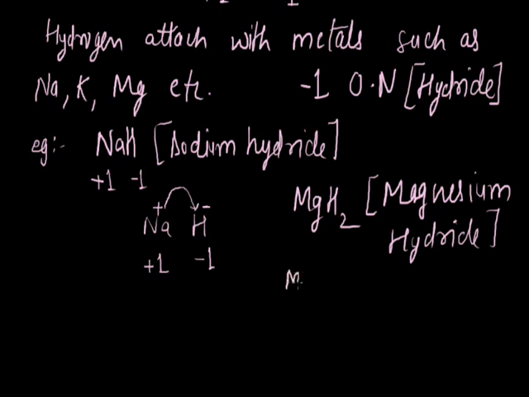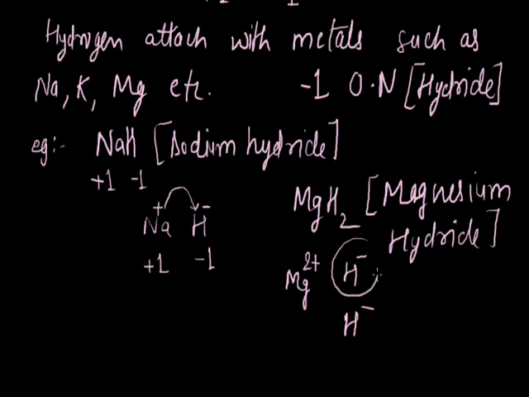We can consider it as magnesium donates its 2 electrons, it acquires a plus 2 charge, and here 2 atoms of hydrogen gain a single electron each. So we can say that each hydrogen gains a single electron and attains a negative charge.